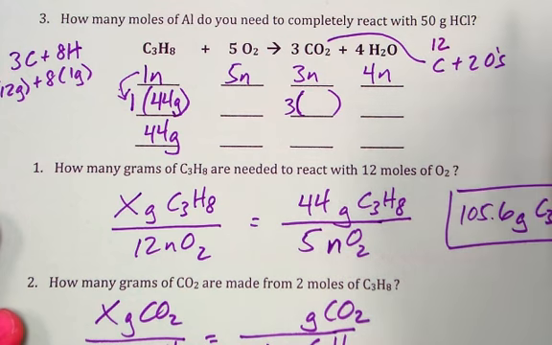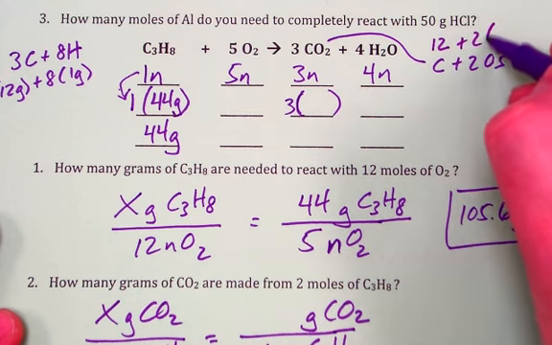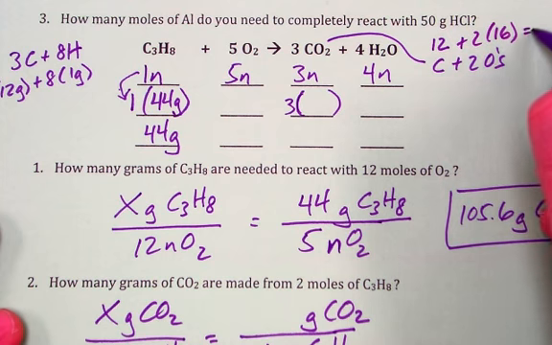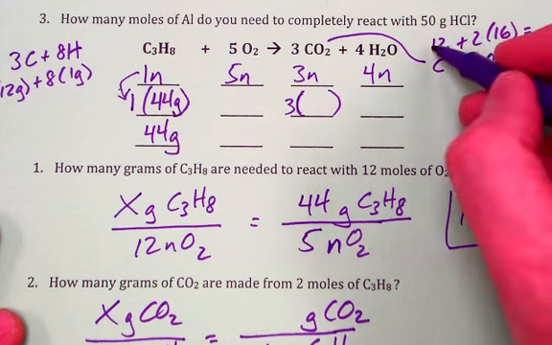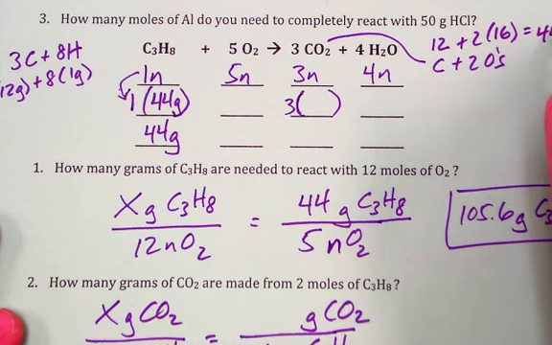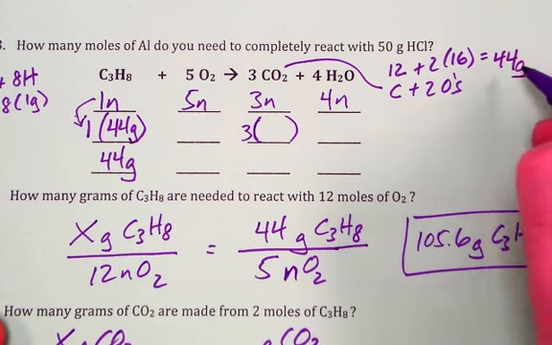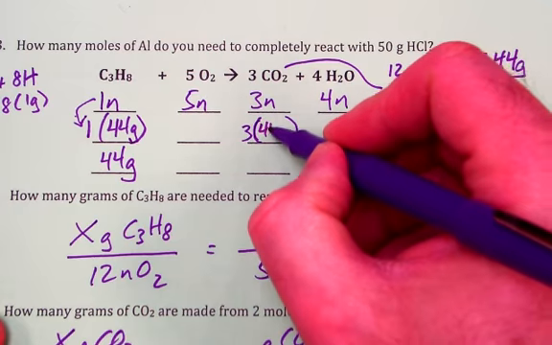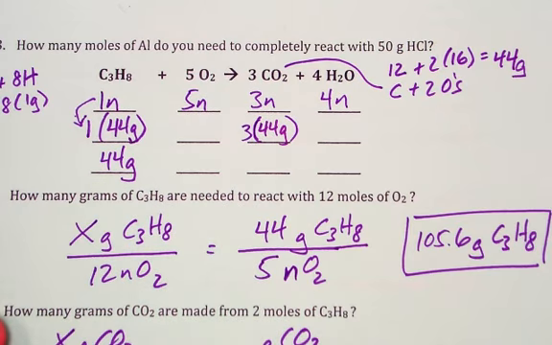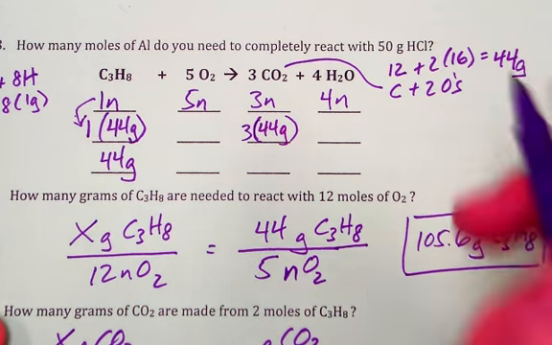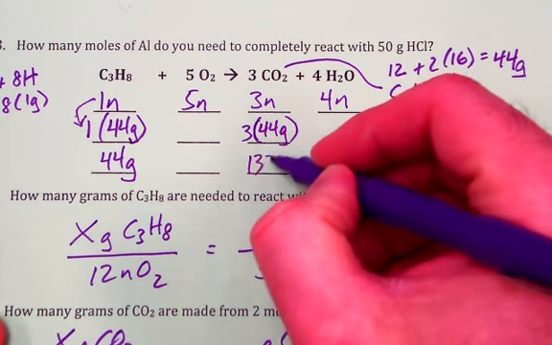The mass of oxygen is 16. So that's going to be 32 plus 12, which is 44. So our molar mass for carbon dioxide is 44. So we're going to put that here, 44 grams. And 44 times 3 is 132 grams.